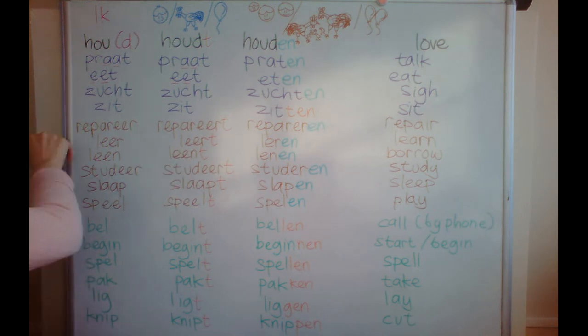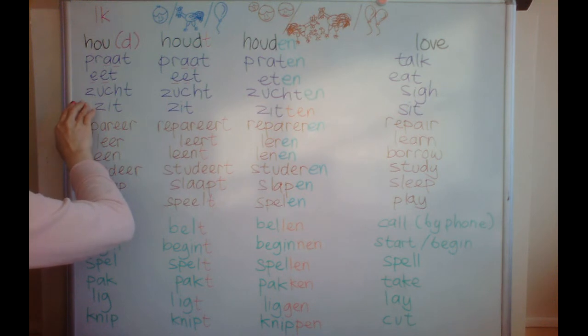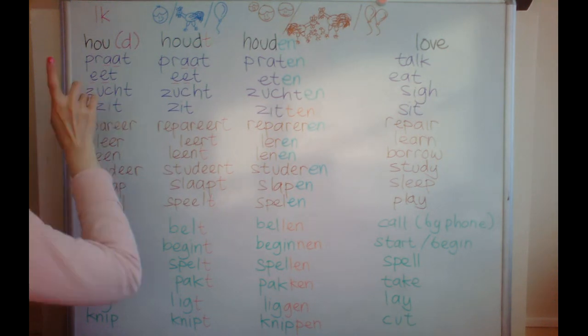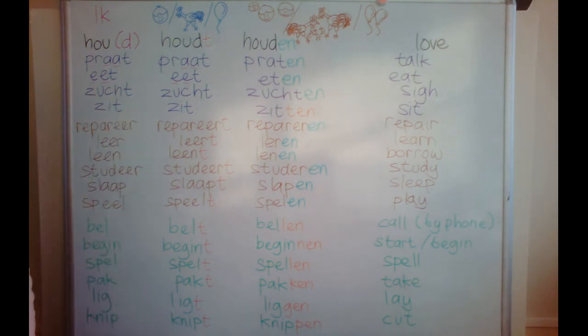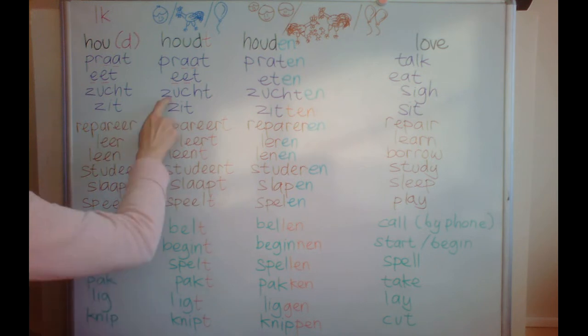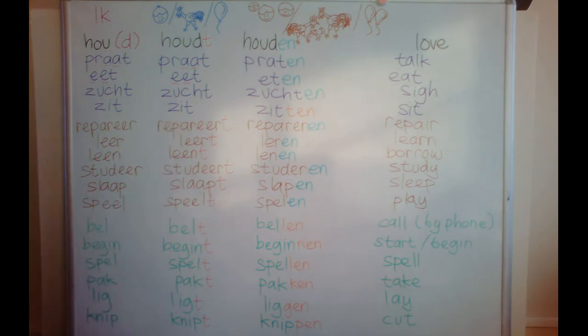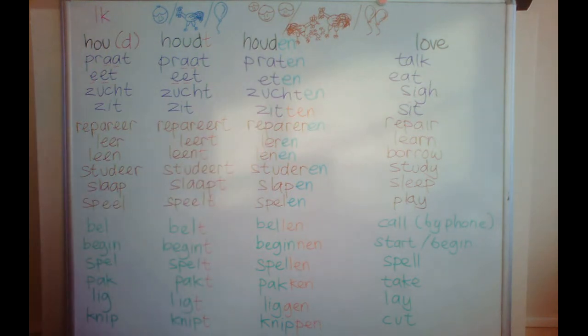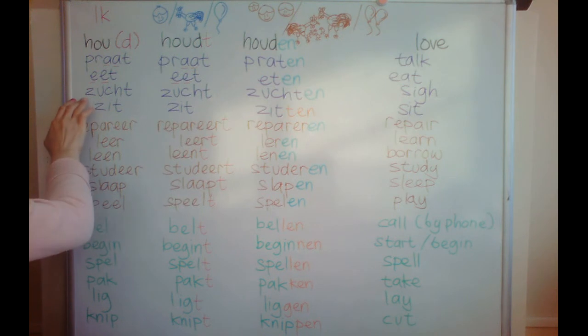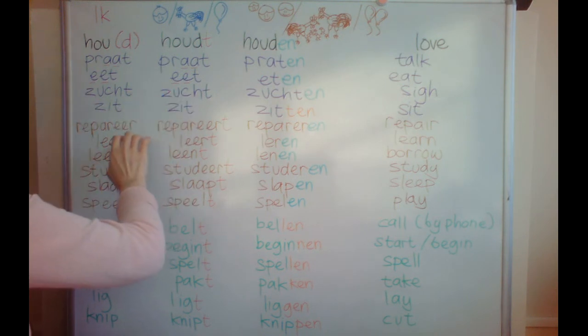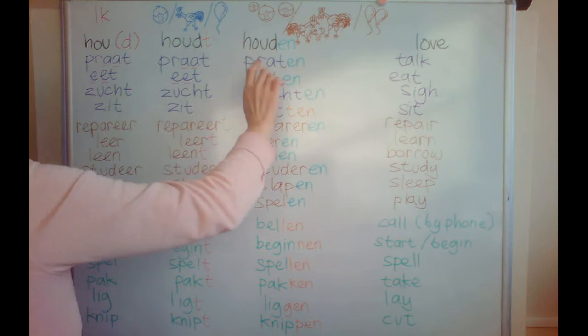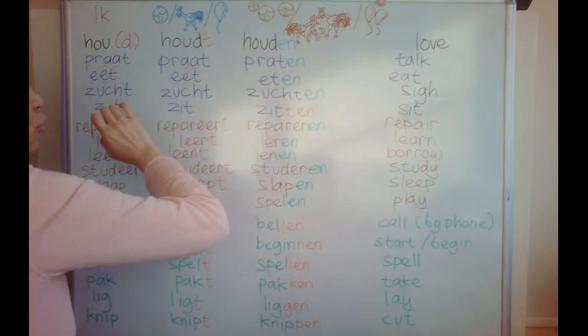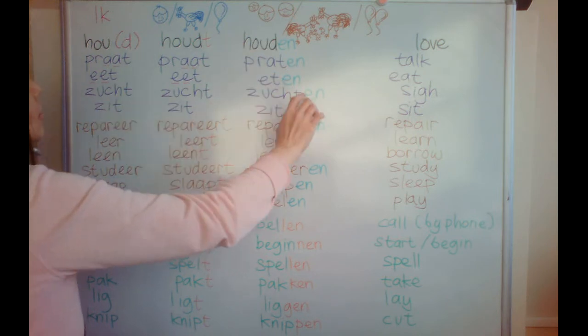With this one, it consists of one vowel. This one too consists of one vowel. This one too, still one vowel. This one for ik, this one for subject that consists of one, and this one for subject that consists of more than one, you put en.